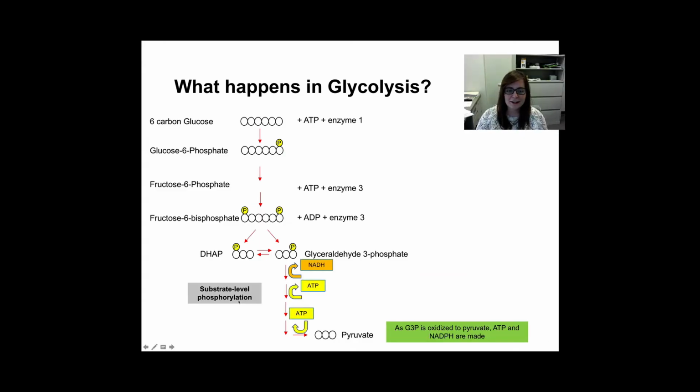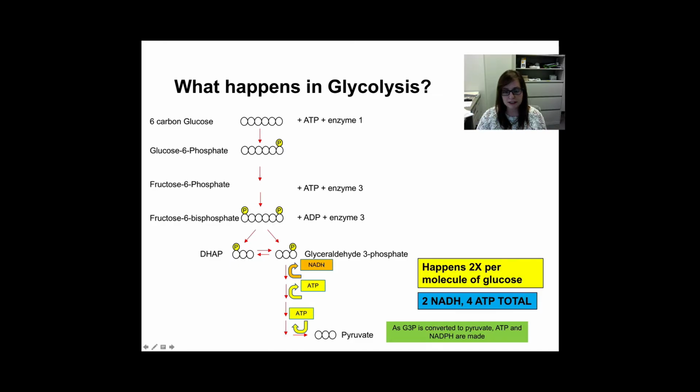During these last reactions, substrate level phosphorylation occurs to generate NADH and 2 molecules of ATP. But recall I told you this is going to happen twice per glucose molecule. So we're actually going to make 2 NADHs and 4 ATPs per glucose molecule.